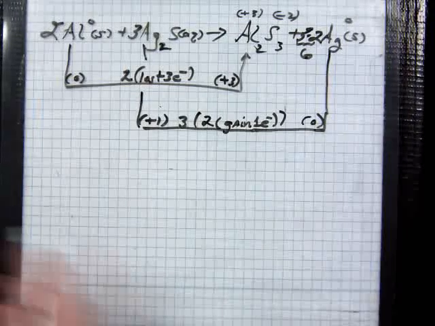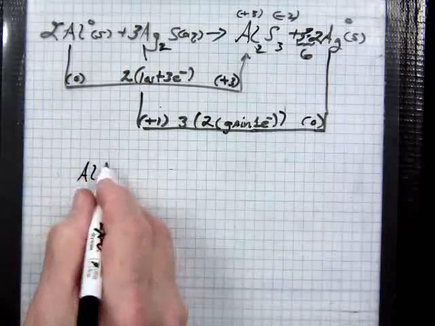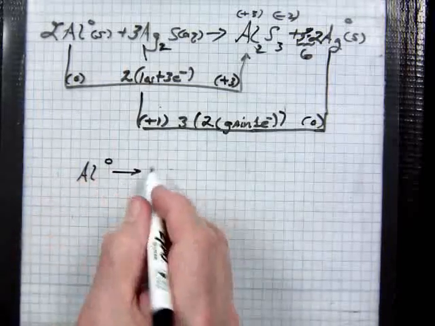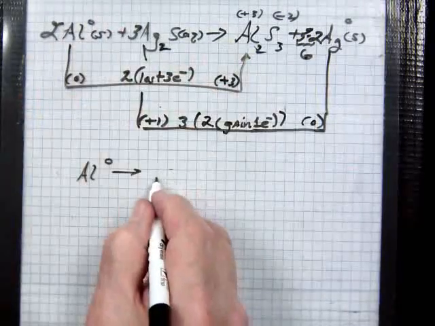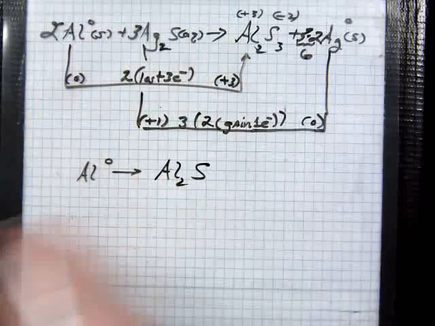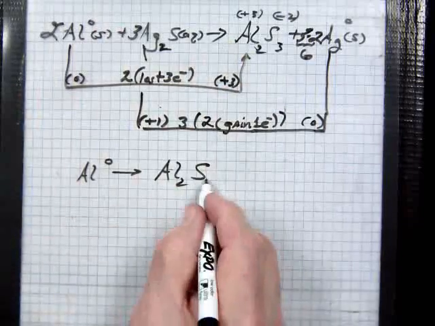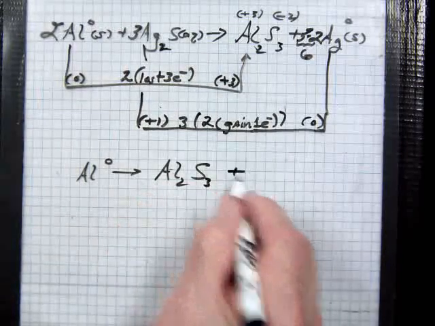Okay, now if we write it in half reactions, we start with aluminum undergoing the oxidation side. We've already identified that. It's going to aluminum sulfide. Sulfurs are not spectator. So the aluminum is going to give up 3 electrons.